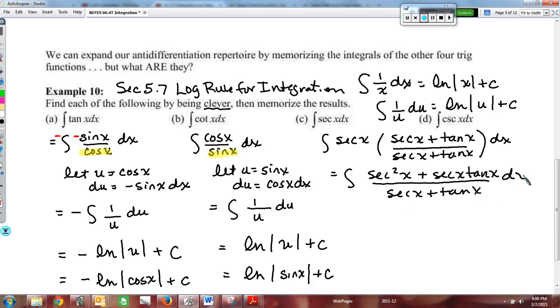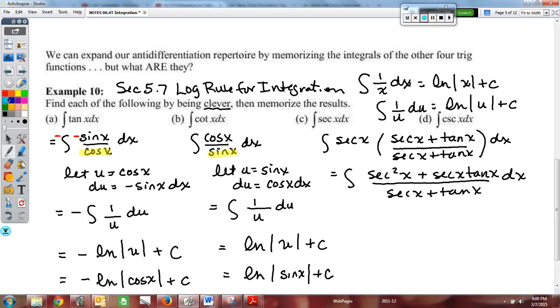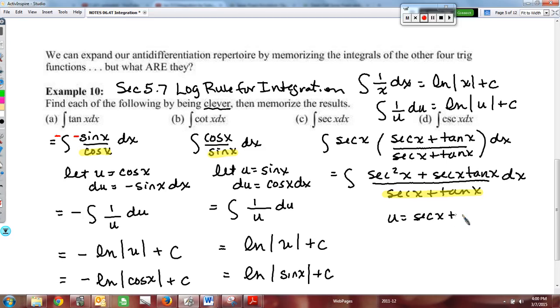And remember that the trick that we're talking about here when we want to use this log rule for integration is we're always going to make our u substitution our inside function, the denominator. And we are going to hope that when I do that u substitution, the derivative of the u ends up being the numerator.